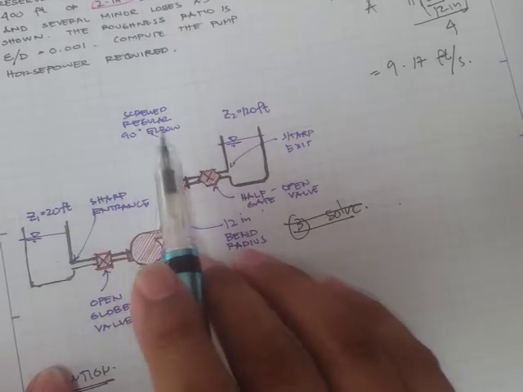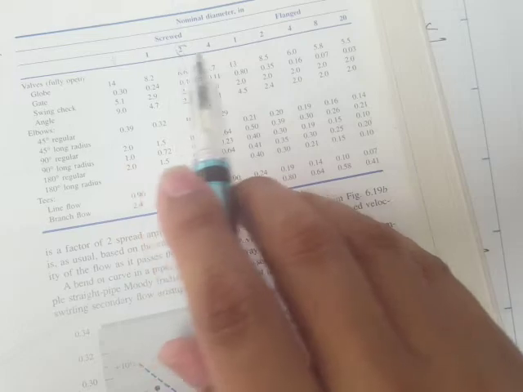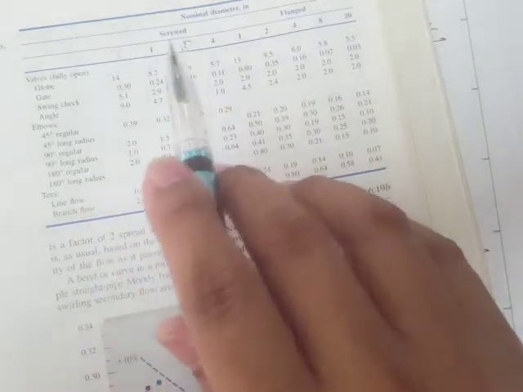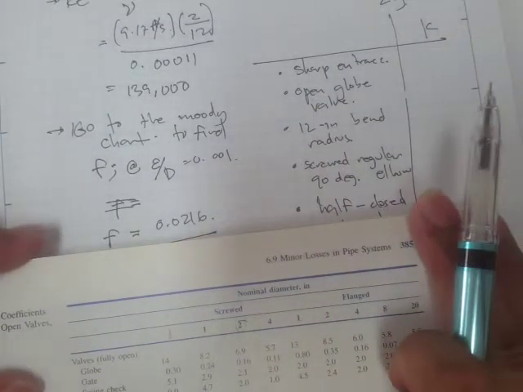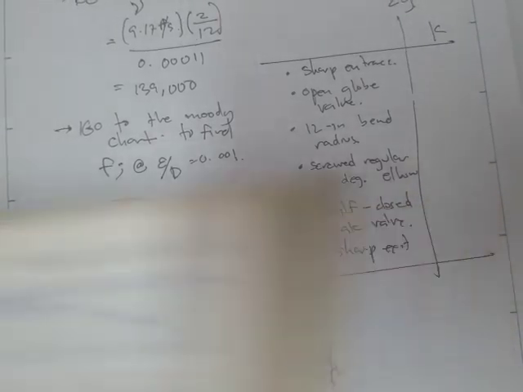Okay, it says here we have your screwed regular elbow, right? So we are here, screwed, and then the nominal diameter of the pipe is 2 inches. Therefore, let's check the values of, okay, it says here open globe valve.